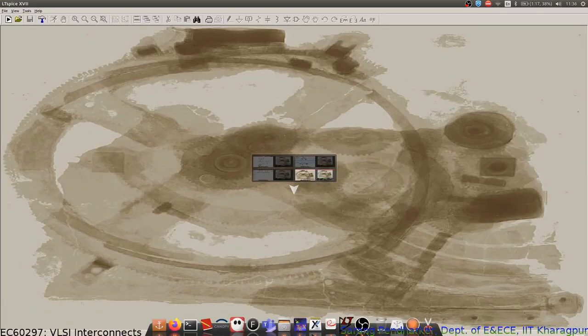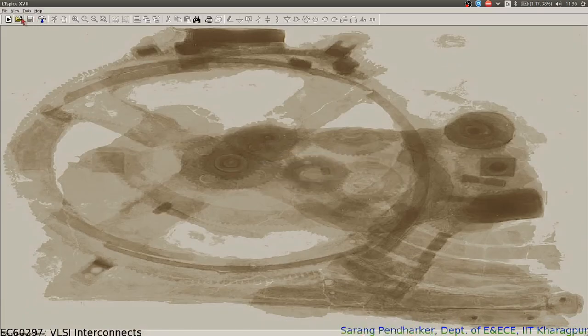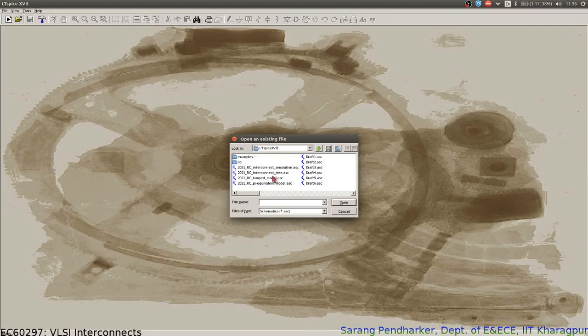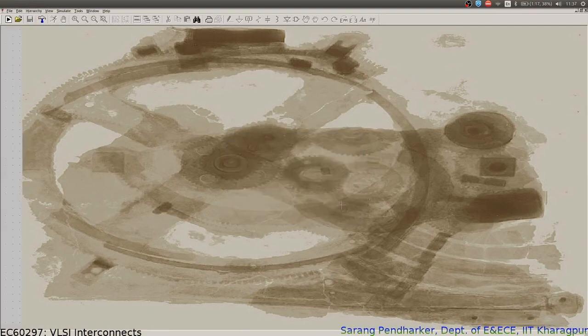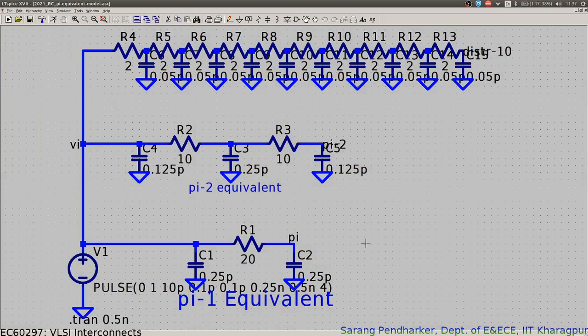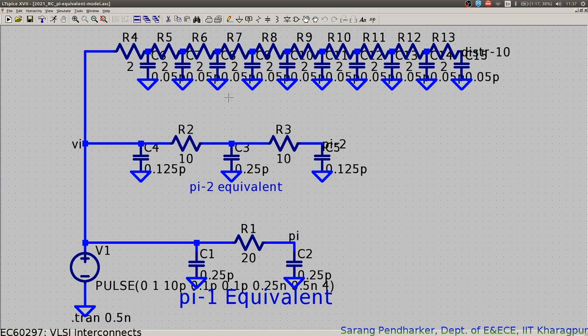I will go ahead and show you an already created structure. So what I have here is a pi 1 equivalent model, a pi 2 equivalent model, and a distributed model. Here I have a distributed model with 10 segments.